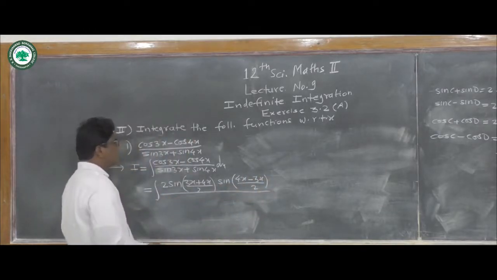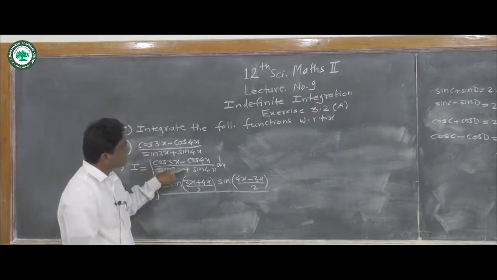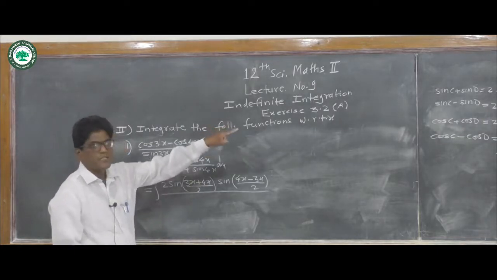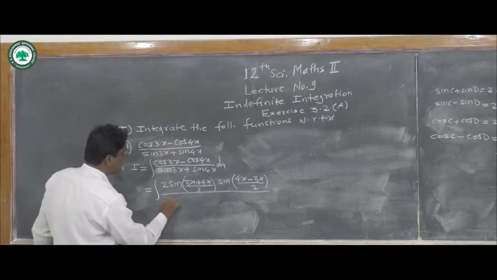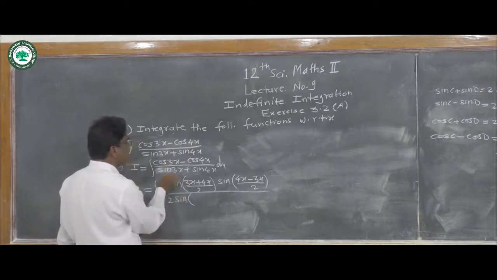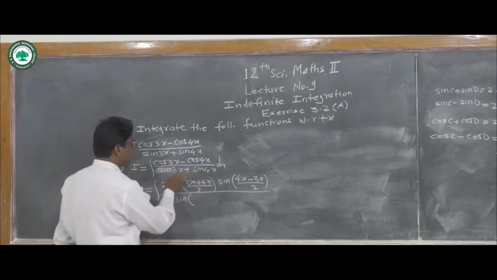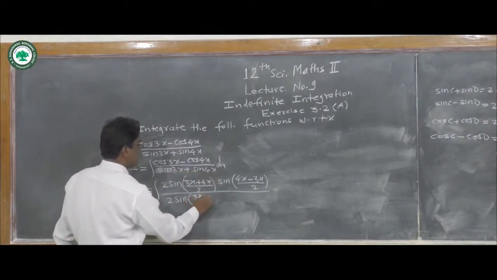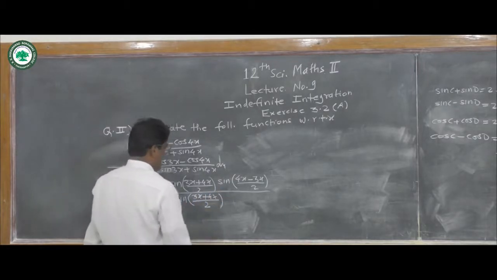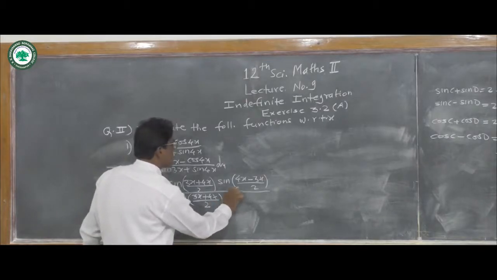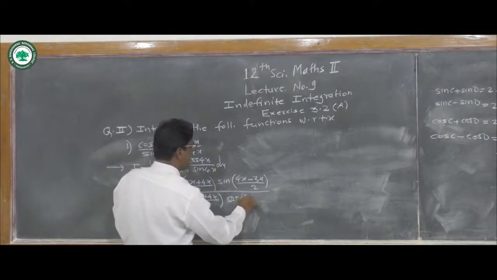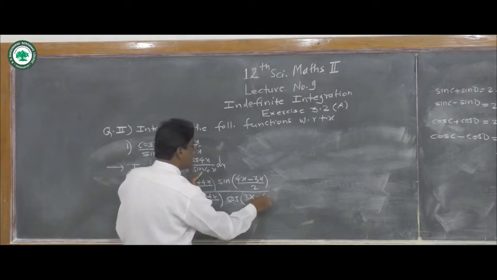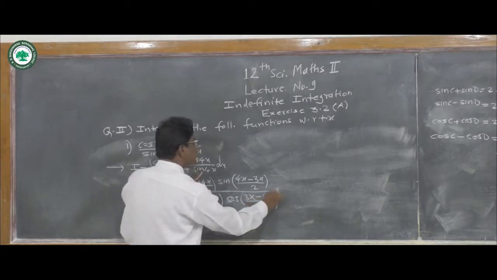And for the denominator sin c plus sin d, use the first formula: 2 times sin of 3x plus 4x divided by 2 into cos of c minus d, that is 3x minus 4x divided by 2, and dx as it is.